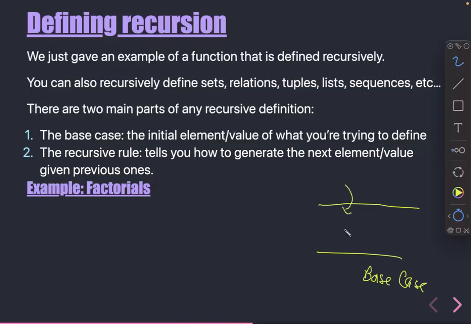And your recursive rule is telling you, with these arrows, how you go down to call each new function. In the program, I highlighted what the base case was and what the recursive rule was for factorials.